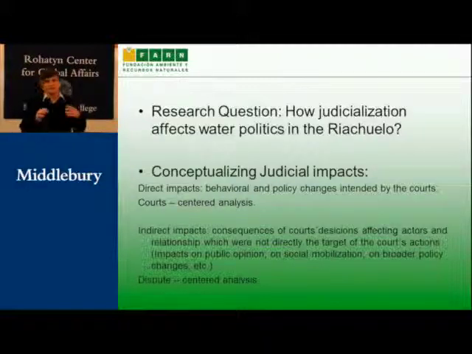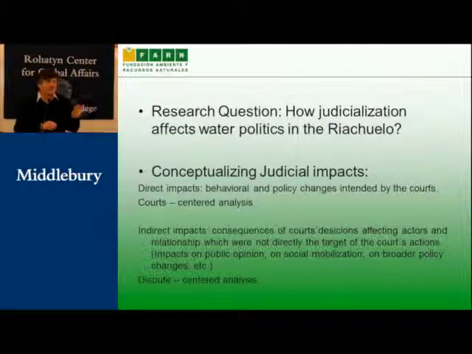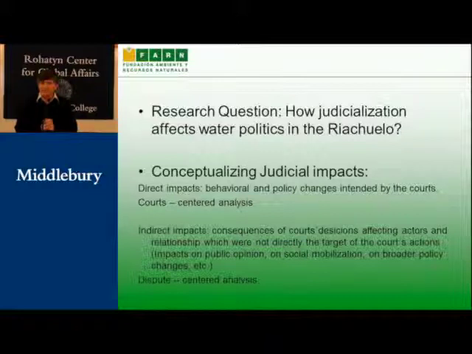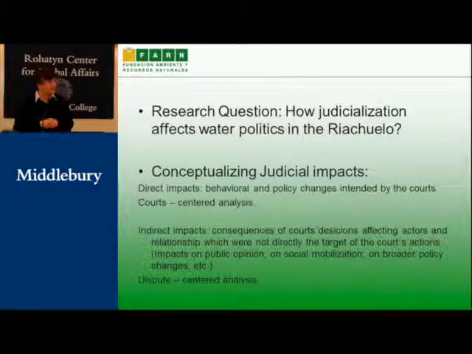But there is a large body of literature which already points out the limitations of legal mobilization and courts to produce policy changes. First, because many times courts are not well equipped to deal with complex policy conflicts. And on the other hand, because courts, as Hamilton said, have neither the purse nor the sword.